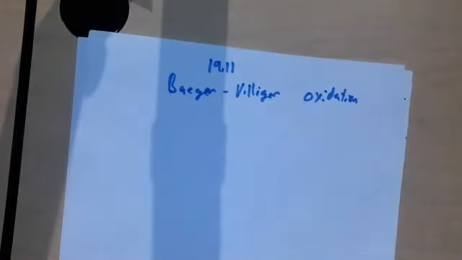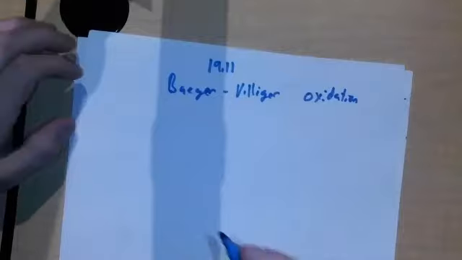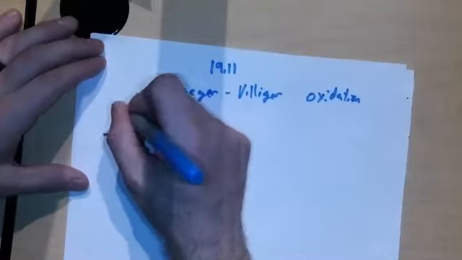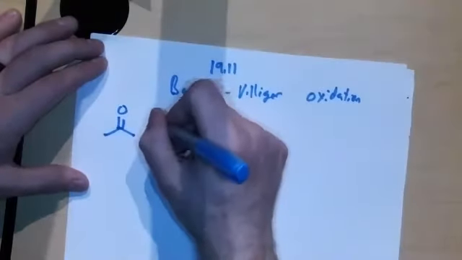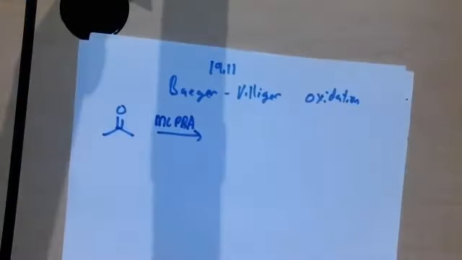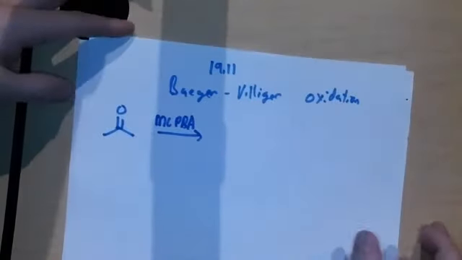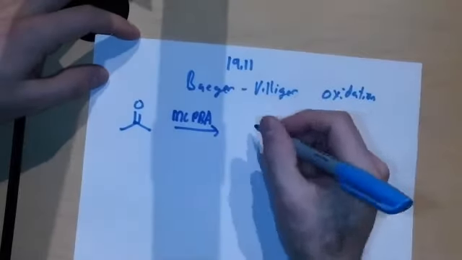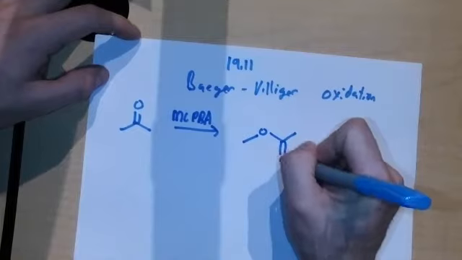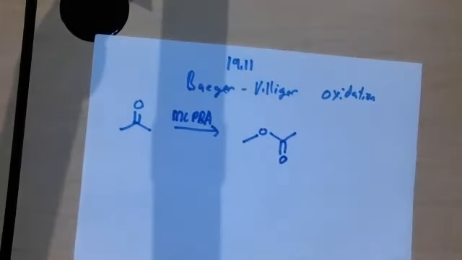So what this is, we're going to take a ketone or an aldehyde. We're going to throw in MCPBA. And we're going to oxidize this to either a carboxylic acid or an ester. We're not going to do a mechanism for this one because it's kind of odd and I don't like doing these kind of mechanisms.